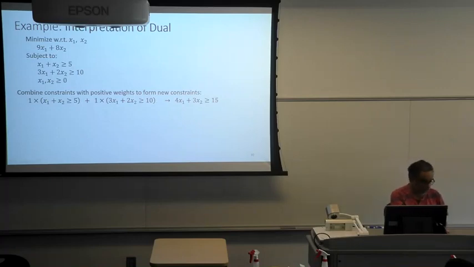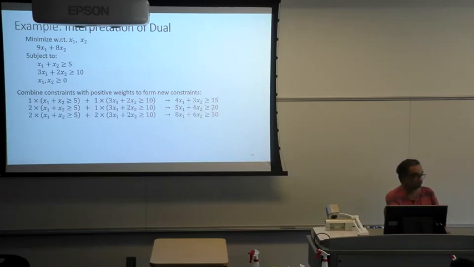The weights can be 2 and 1, right? So 2x1 plus 3x1 gets 5x1, and I get this constraint here.